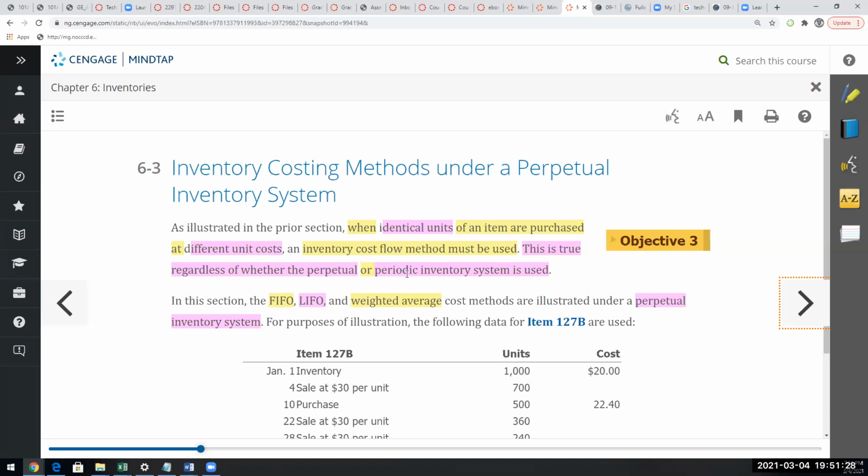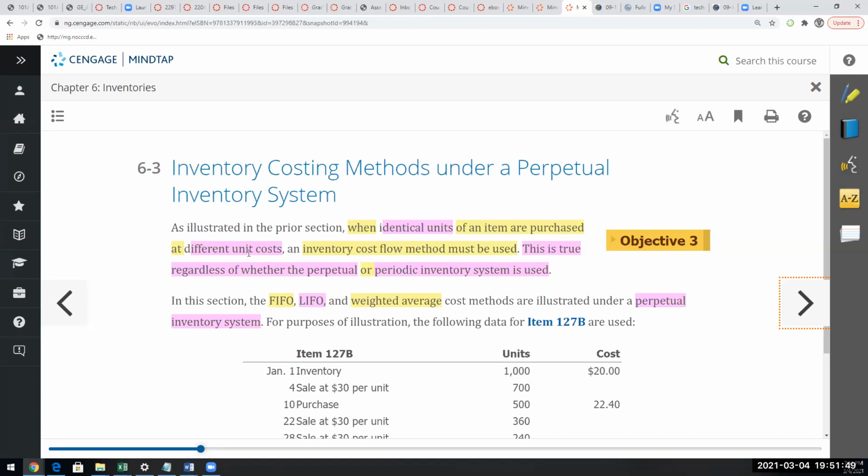Next class, we're going to do periodic FIFO, LIFO, and average cost. So 3 and 3 is 6, so there are 6 different potential answers. Good news: in this book, the FIFO is the same for periodic or perpetual. So there are 5 potential answers.